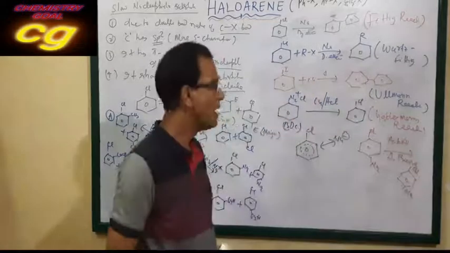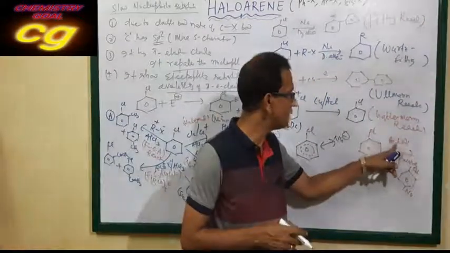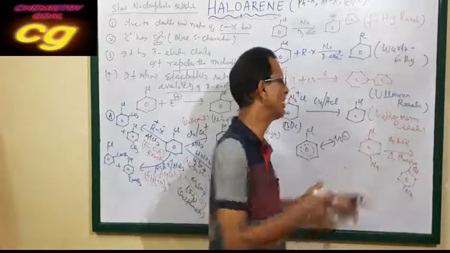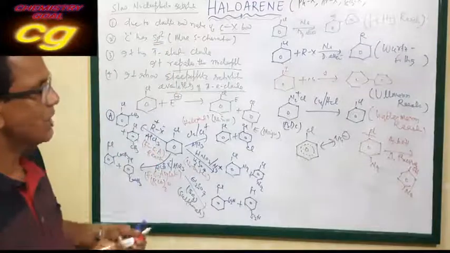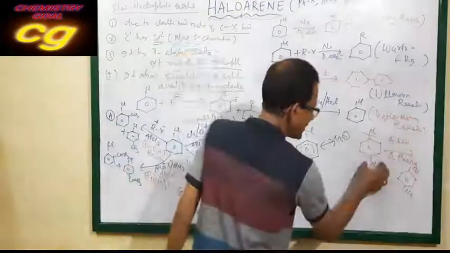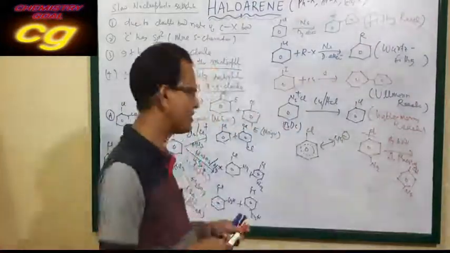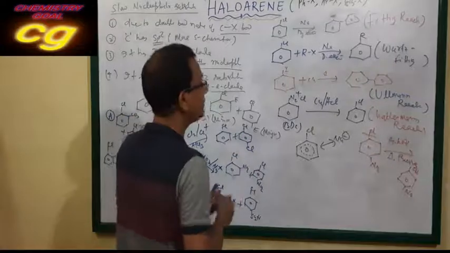But breaking of this halogen requires high temperature and pressure. Without nitro group, it requires very high pressure.